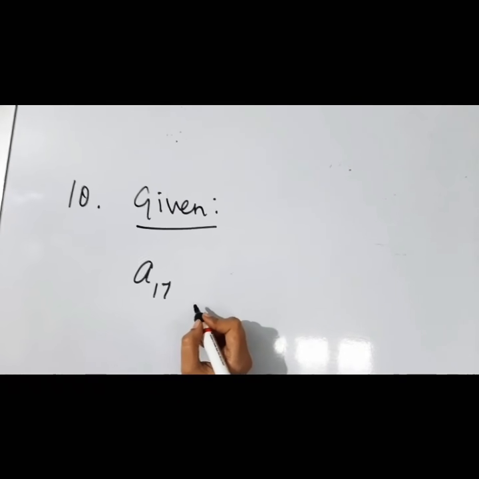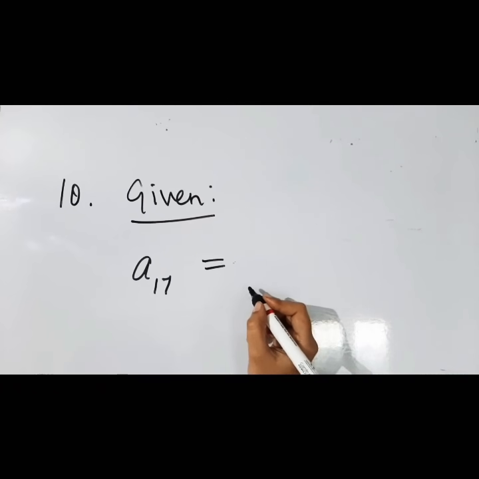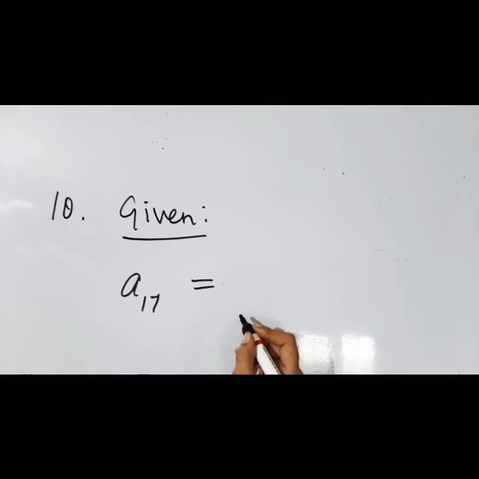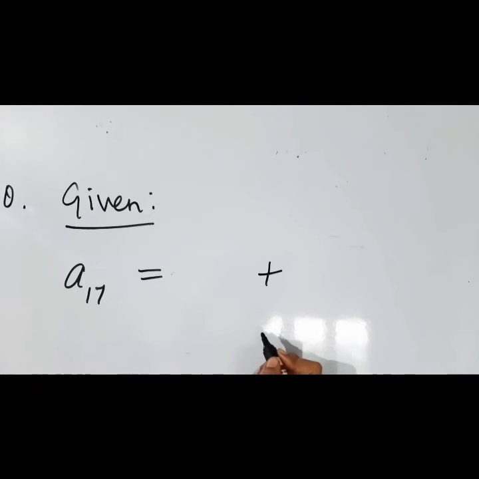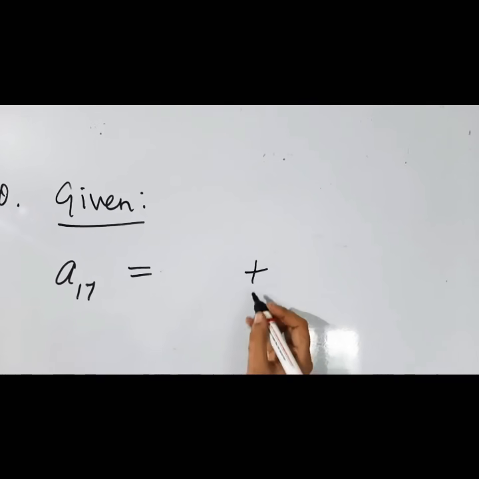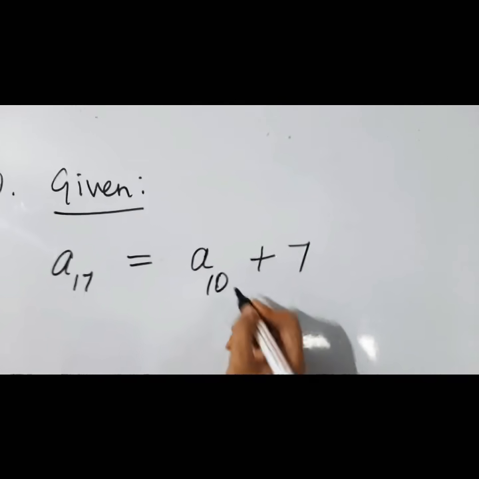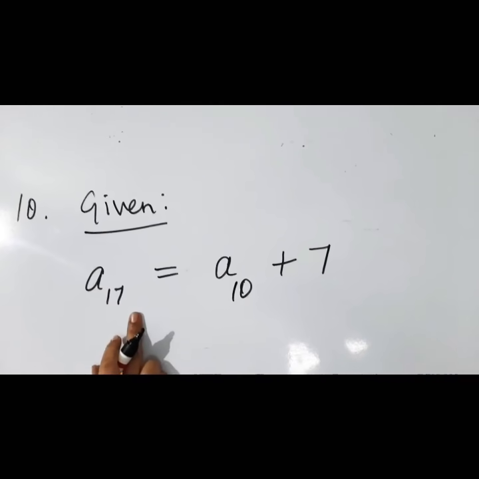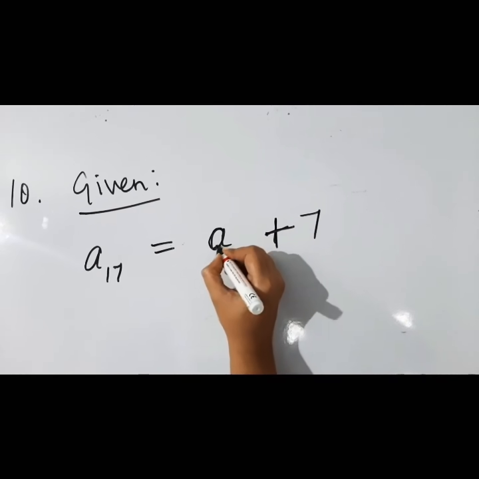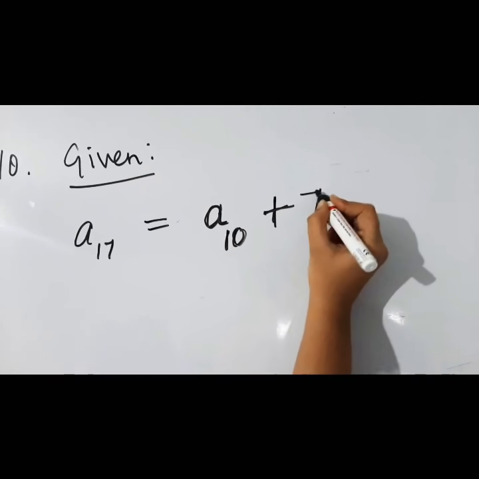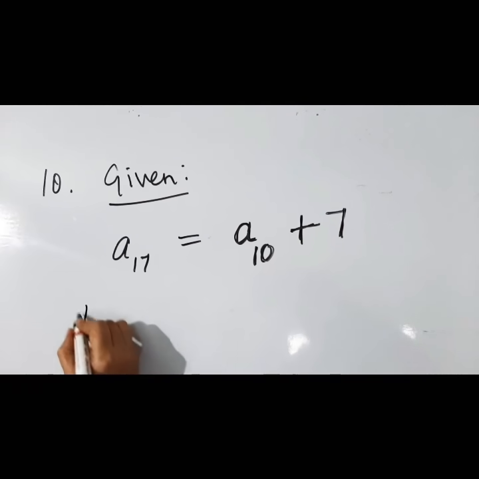The 17th term exceeds the 10th term, that is A10, by 7. This is given. And what did they ask you to find out?